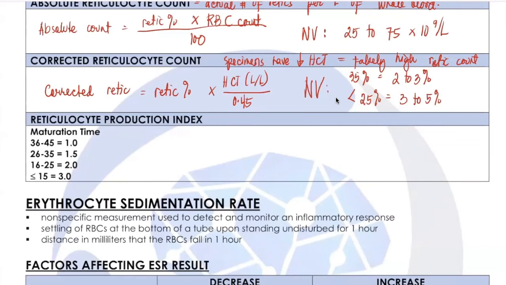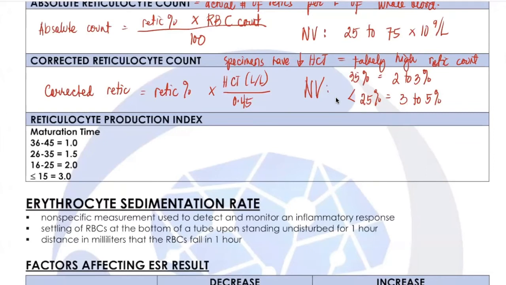Kasi yung hematocrit, basically, could also give us kung gaano karami yung RBC natin in a certain volume of blood, 'di ba? So usually, pag yung hematocrit natin normal, normal din yung maturation time ng ating mga reticulocytes. When you say maturation time, gaano ba katagal namamalagi yung retic as retic in the peripheral circulation after it is being released from the bone marrow?